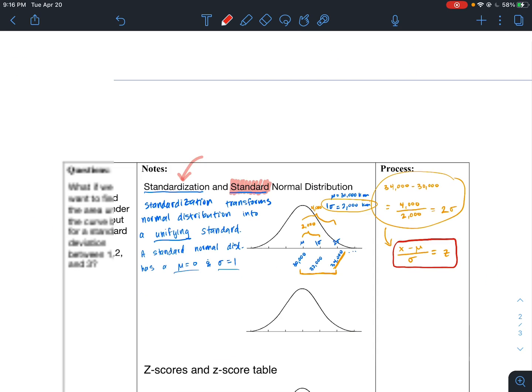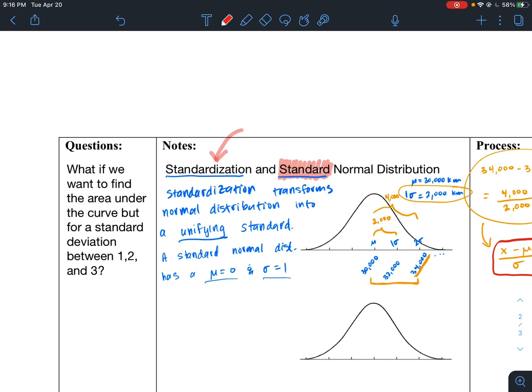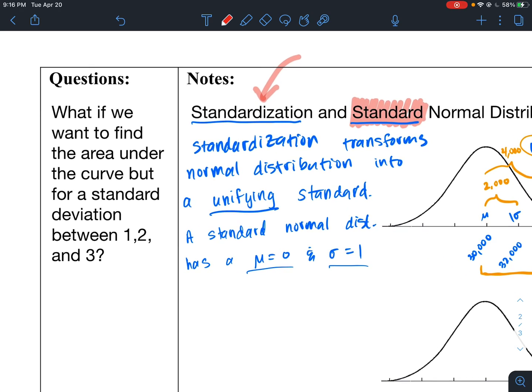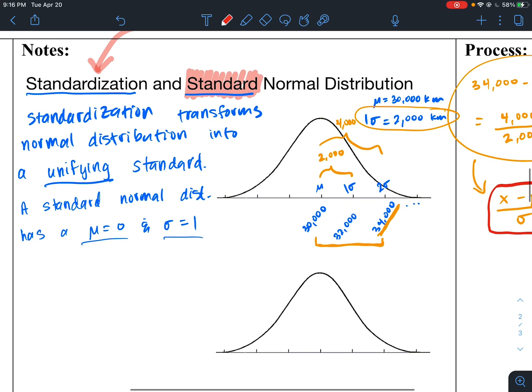That being said, this is my question for the day. What if we want to find the area under the curve for something other than 1, 2, or 3 standard deviations? These were very simple problems.